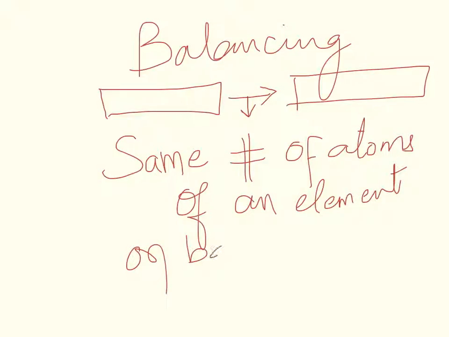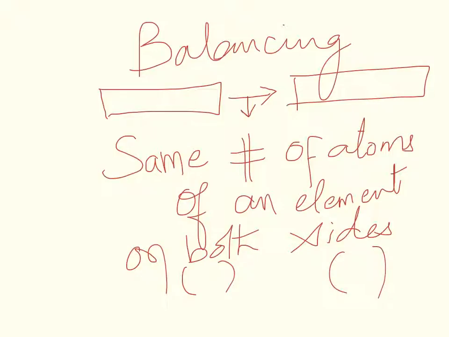That means after the balancing is complete, the number of atoms of every element on the reactant side and the product side will be the same. Not just one element, every element.